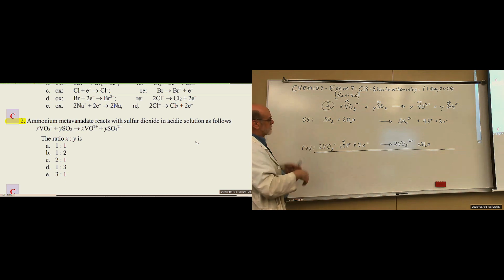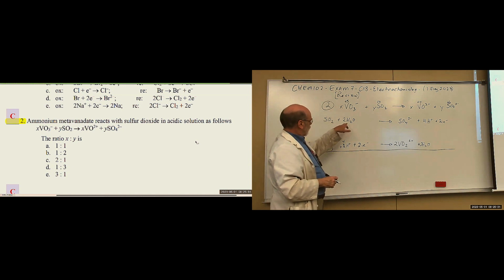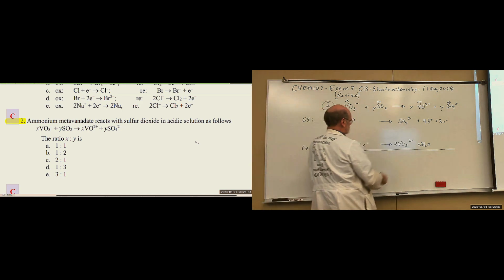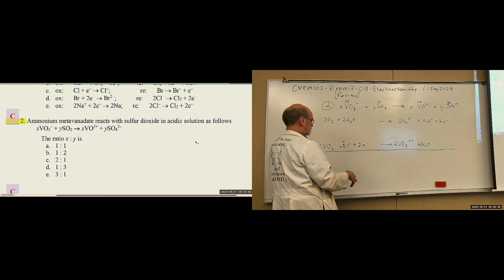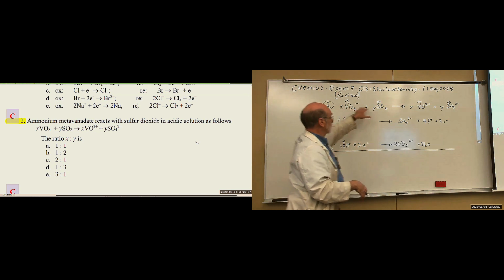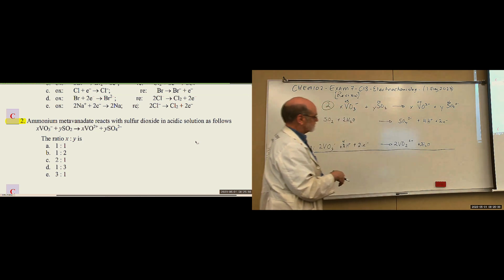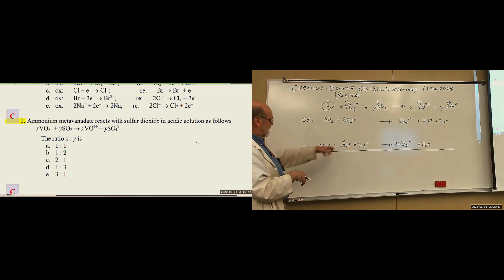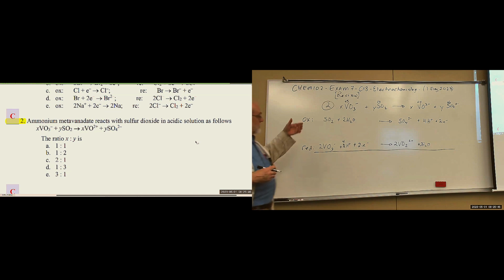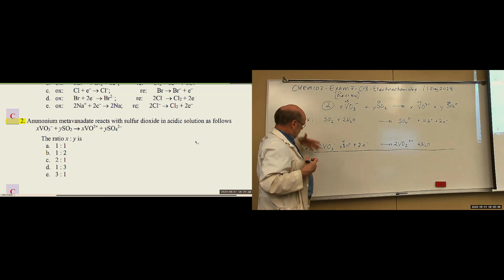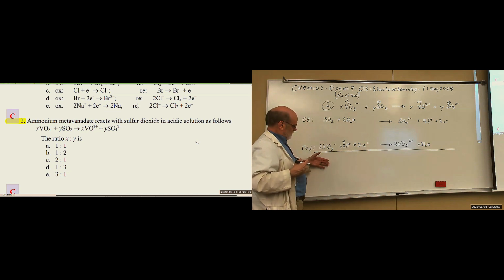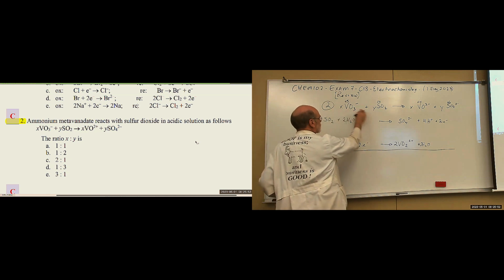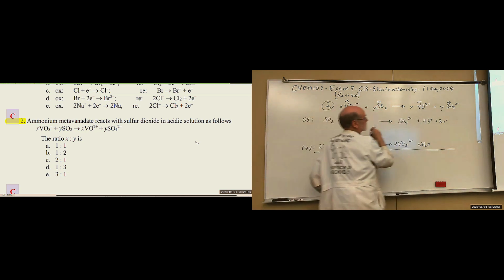Now, if we did, of course, we'd have waters to cancel, electrons cancel, and this is all we would have left. Hydrogens would cancel too, right? So the final thing down here would be 2 here, 1 there, 2 there, and 1 there.